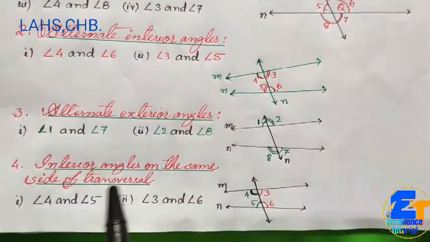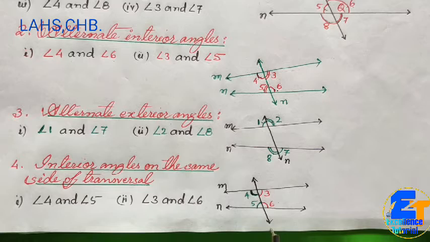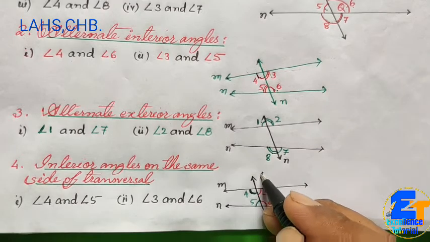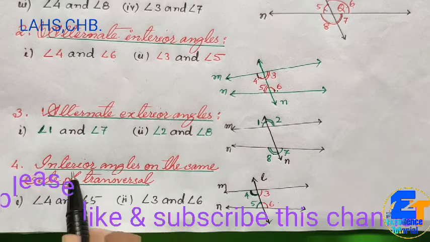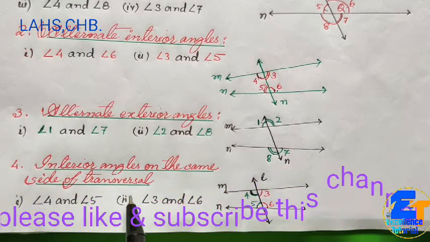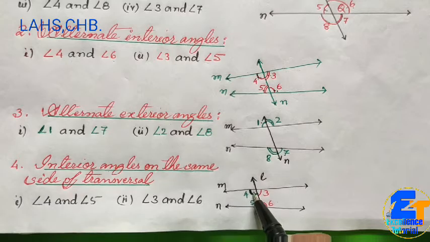Now comes the next topic, interior angles on the same side of the transversal. These two are non-parallel lines and this is the transversal, which we are naming L. Interior angles on the same side of the transversal: these two are the angles formed on the same side of the transversal, angle 4 and angle 5.